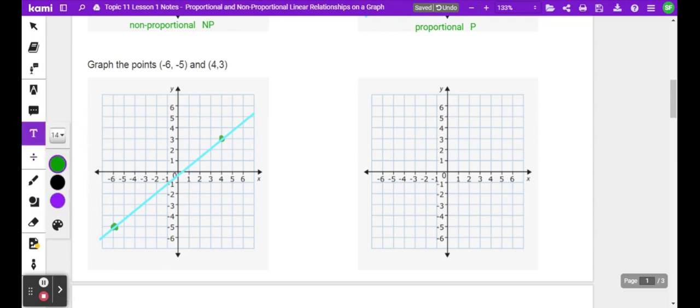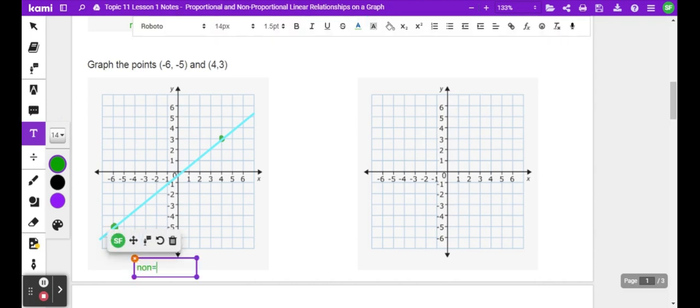And then we have a couple of questions. Do I have a straight line? The answer is yes. Does that line pass through the origin? If you look really closely, you can see that that line does not pass through the origin. It is very close to the origin, but it does not pass through it, which makes it a non-proportional relationship. NP.